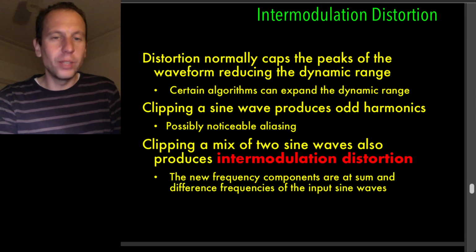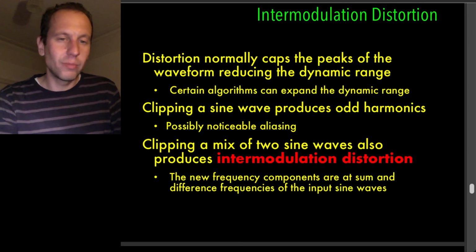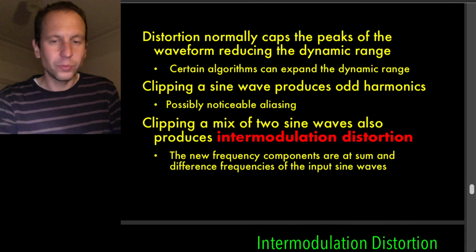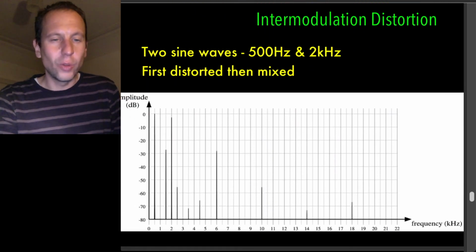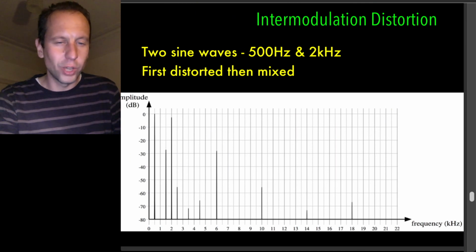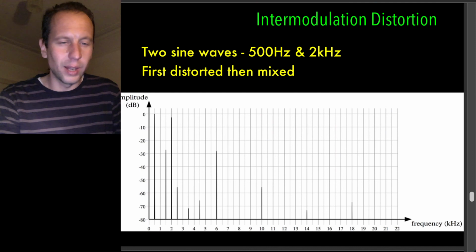Now, in terms of the intermodulation distortion, I've kind of explained this already. Sum and difference components. Here is a sketch of this. So if you have two sine waves, first distorted, then mixed, well, you can try to read this more carefully. There is a 500 Hertz, the leftmost, and then the second loudest one is at number 2, that's your 2 kilohertz.